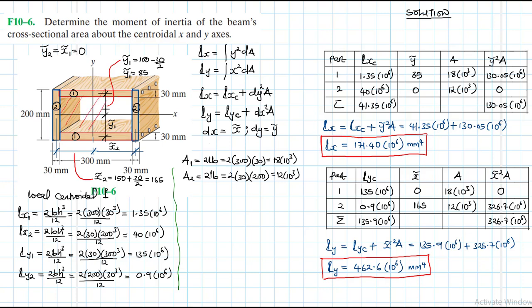This is another method of doing it. It's up to you, whatever comes to your mind first, you can choose whichever method works better for you. Right, so moment of inertia about the x-axis is 171.4 times 10 to the power 6, and moment of inertia about the y-axis is equal to 462.6 times 10 to the power 6.